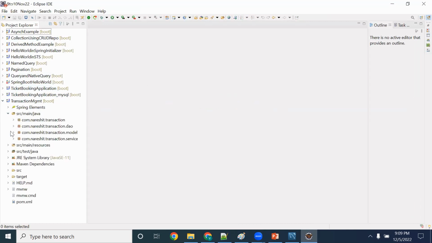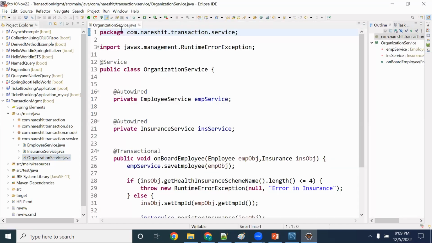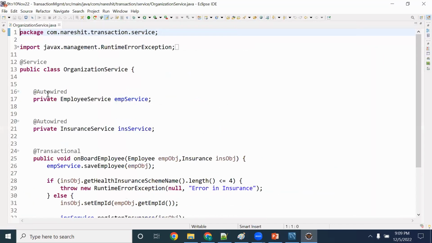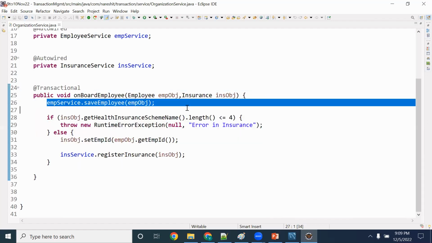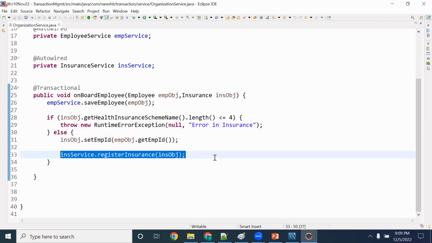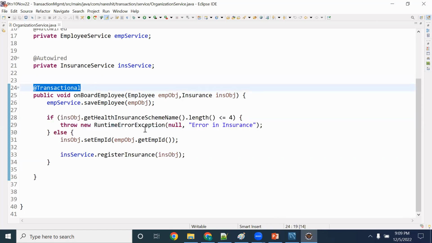Inside the organization service, we wrote @Transactional, a keyword which tells the framework to create a transaction block. I wrote two DML statements, employee service and insurance service, to be part of this block only. If any error occurs, it will roll back. If everything succeeds, it will commit. This is what I explained in my last class.